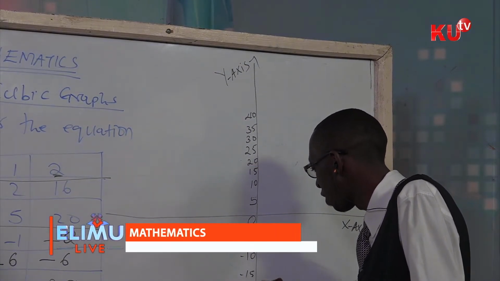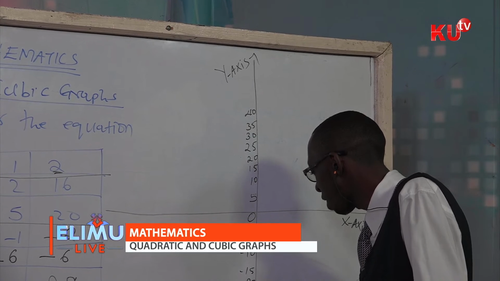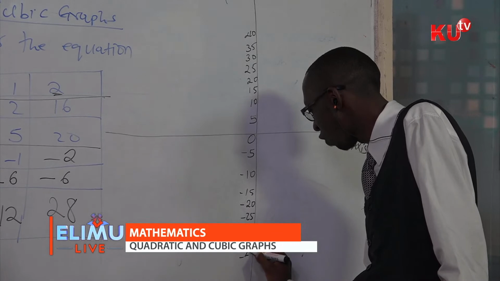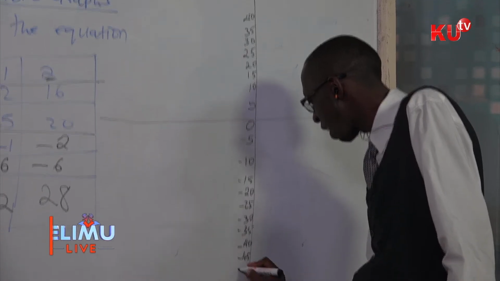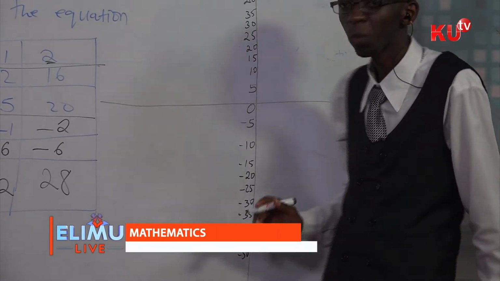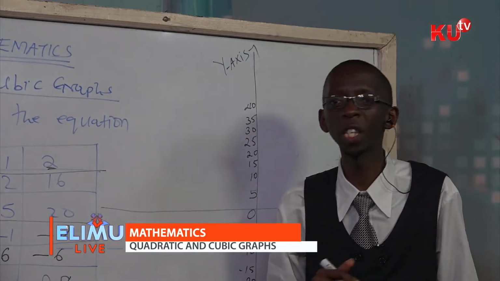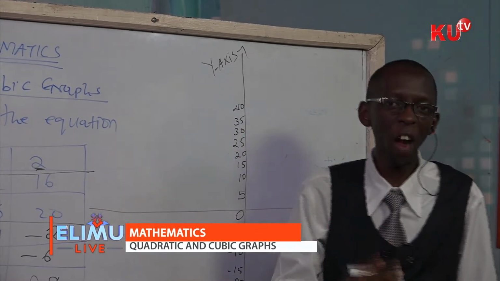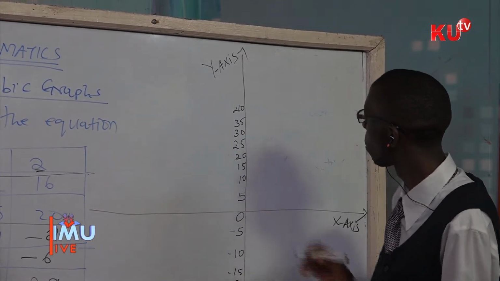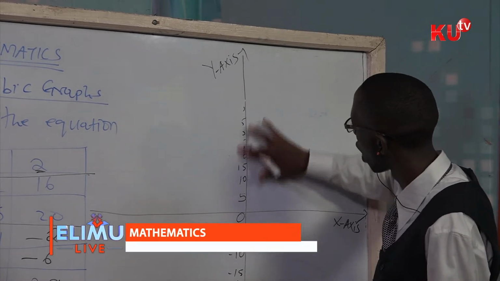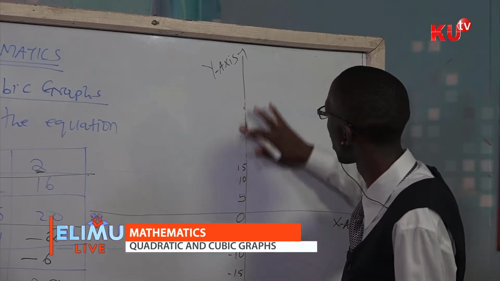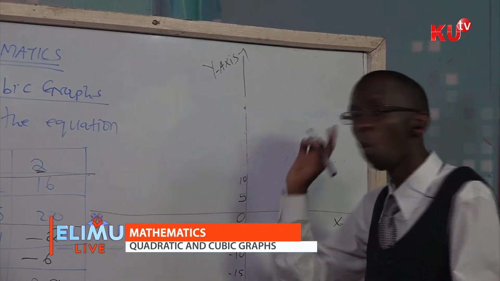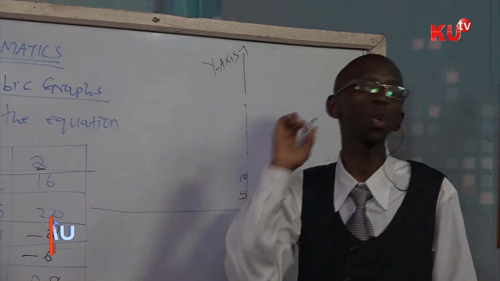Then on the negative side, negative 5, negative 10, negative 15, negative 20, negative 25, negative 30, negative 35, negative 40, negative 45, negative 50. So, what kind of a scale are we using? We are using a scale of 1 centimeter to represent 5 units.